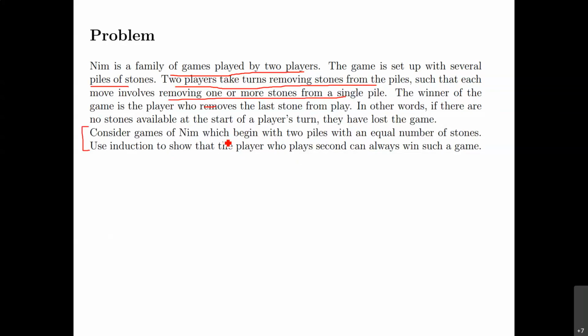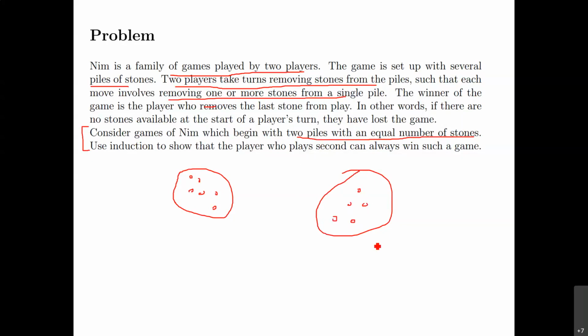Consider games of NIM which begin with 2 piles with an equal number of stones. So imagine you have 2 piles, and they each have the same number of stones. Use induction to show that the player who plays second can always win such a game.